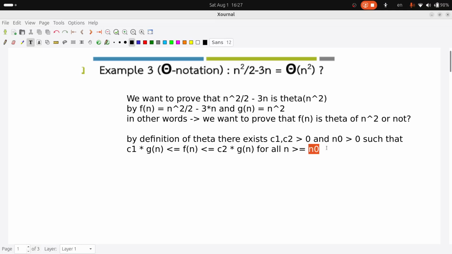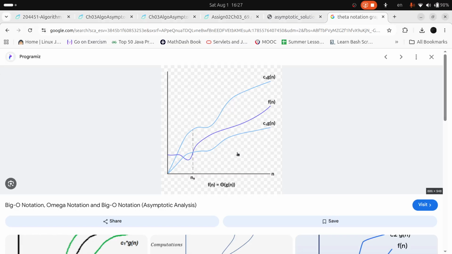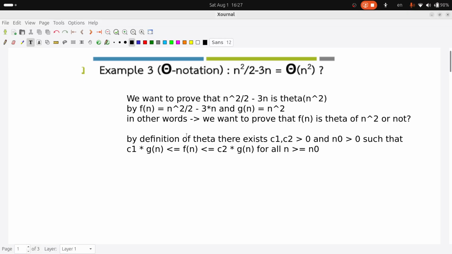The n0 is the start point of the graph from which it is true, for all n greater than or equal to that start point, if it is a theta notation.